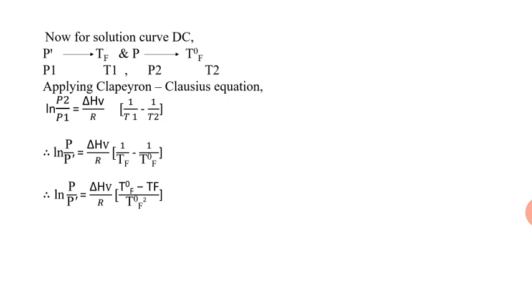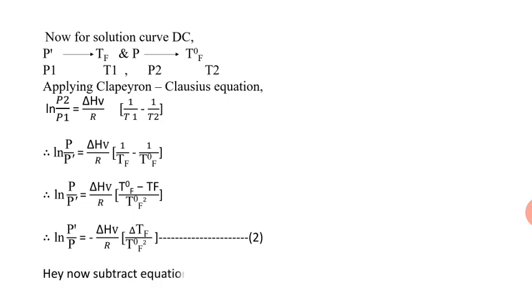Again, for a dilute solution, T0F and Tf both are similar. That's why we get T0F square as in the last equation, equation number 1.